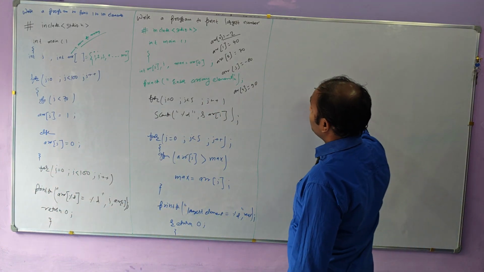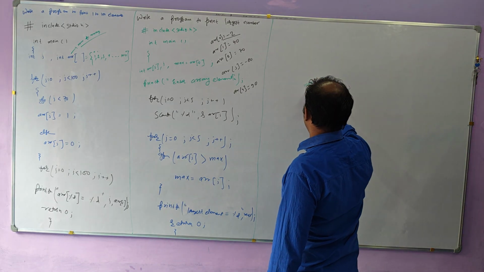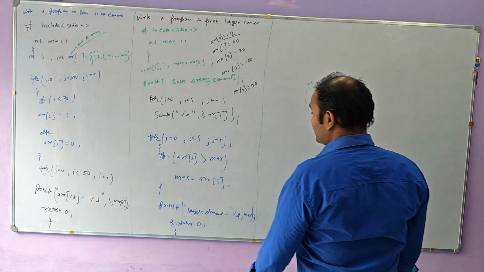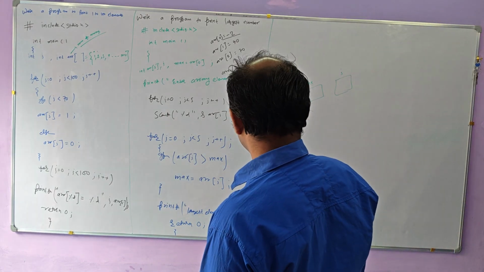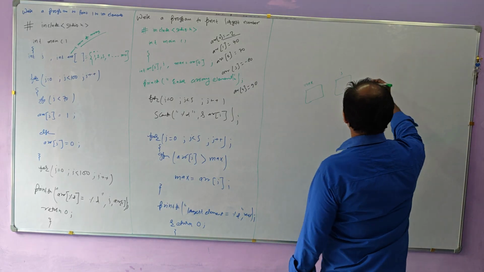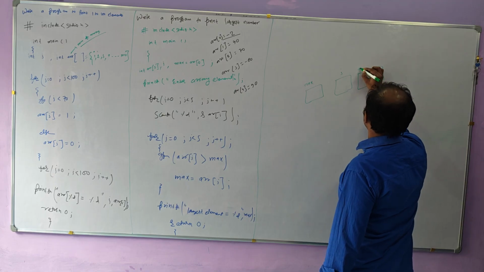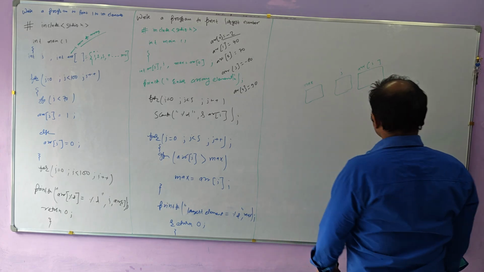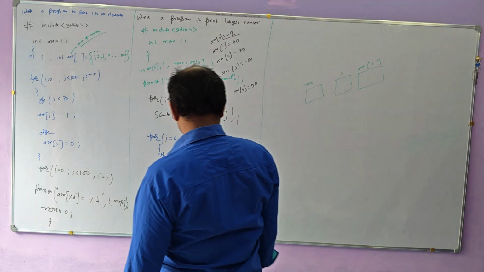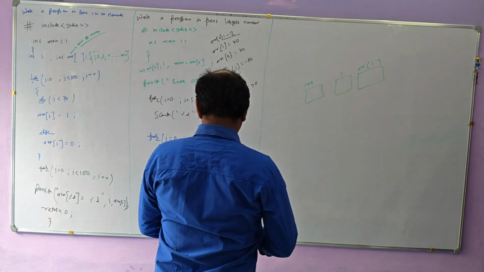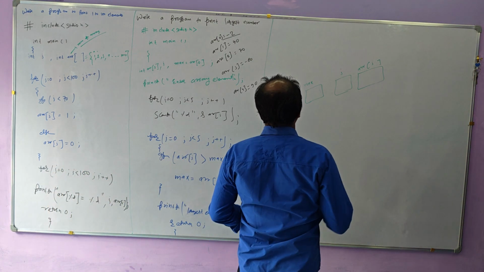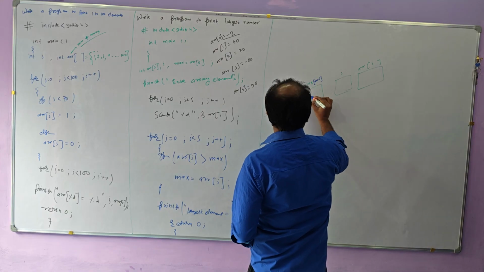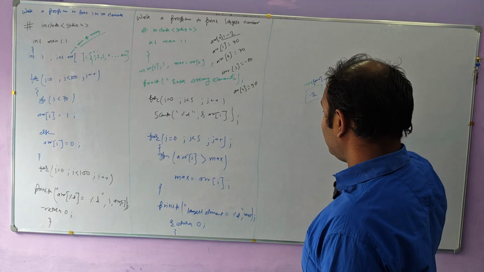Now we have a max value. Just take AR of I. We have max as AR of 0, and AR of 0 in the start is -2. So in the start, we have max value -2.